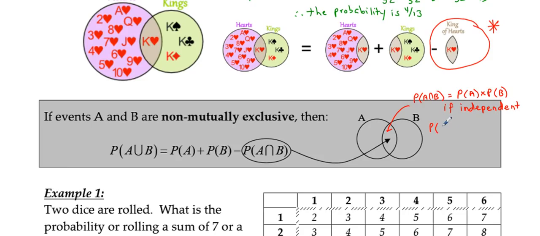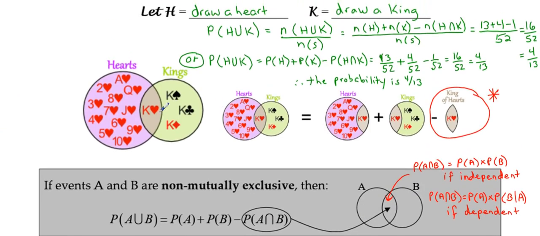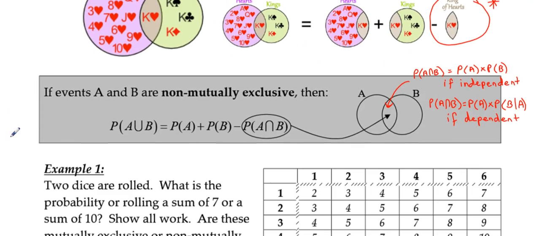And if the events are dependent, then that would be the probability of A, and from last video, it's the probability of B given that A occurred. So that's if dependent. So sometimes to get the overlap, you can just count how many there are. Like in this question, we can just count that there's one that's overlapped, but sometimes you have to actually do one of these calculations.